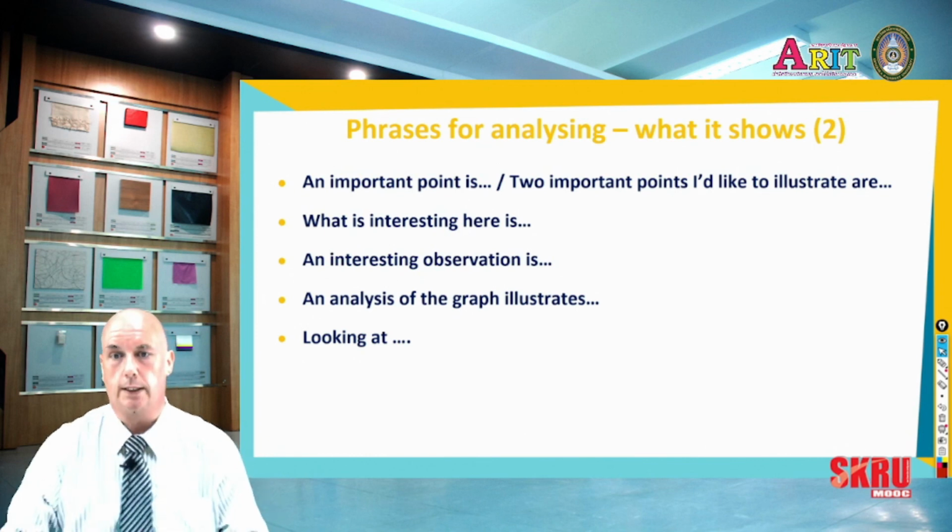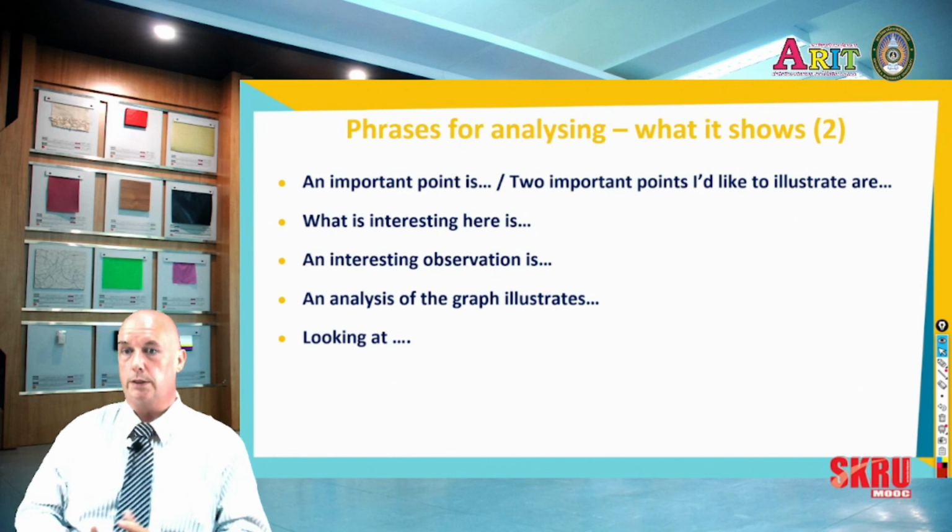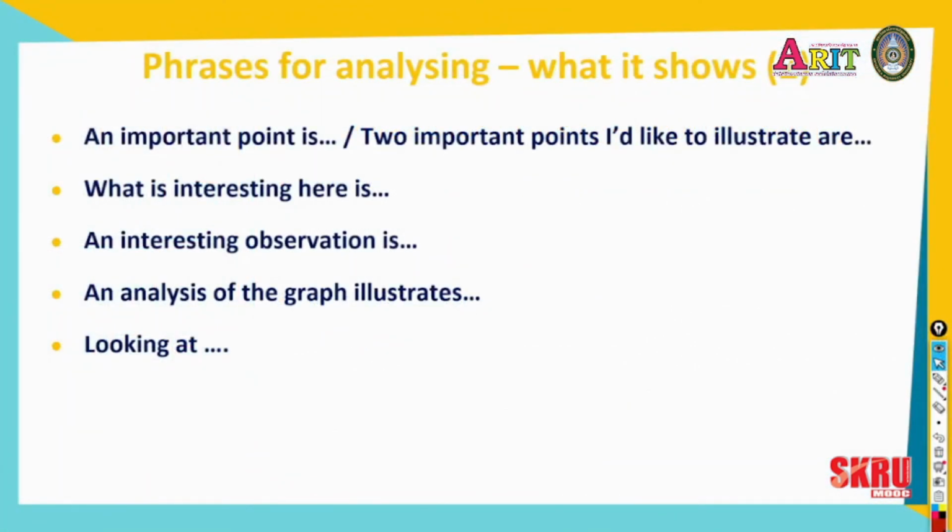An important point is, two important points I'd like to illustrate are, illustrate's another word for show, demonstrate. What is interesting here is, again you'd be pointing to a particular part of a graph or chart. An interesting observation.